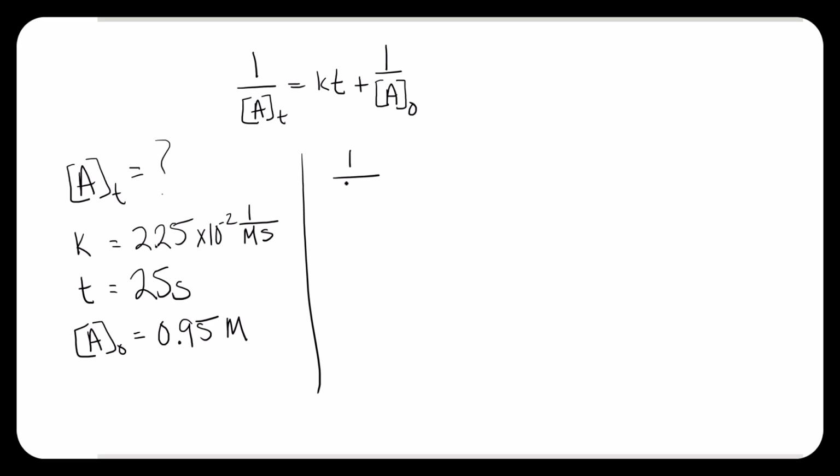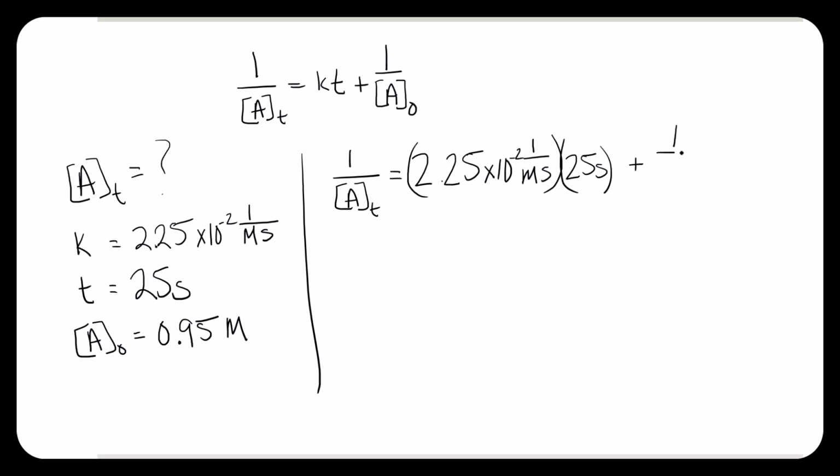So 1 over A t equals our rate constant, 2.25 times 10 to the negative 2, molarity seconds, times 25 seconds plus 1 over concentration of A at time 0, which is 0.95 molar.